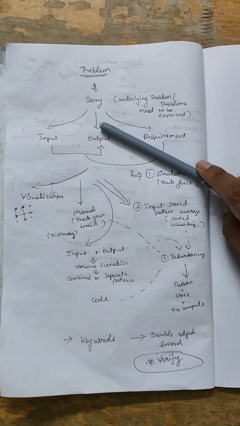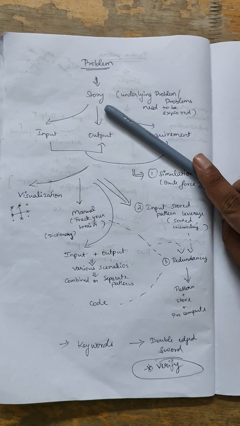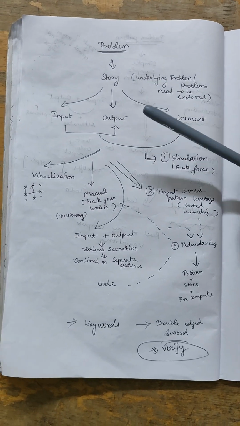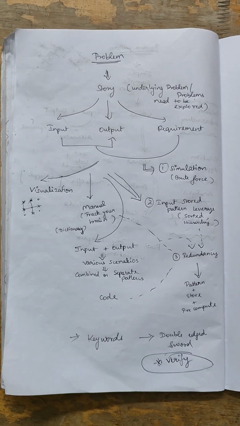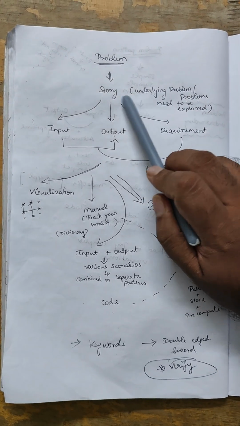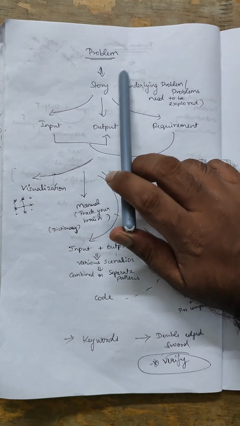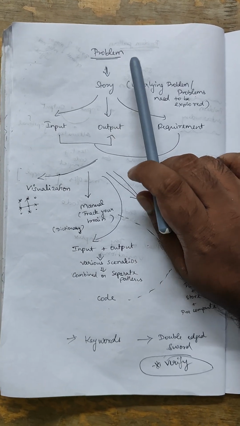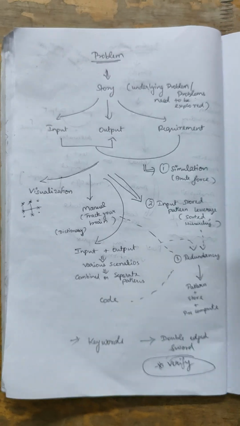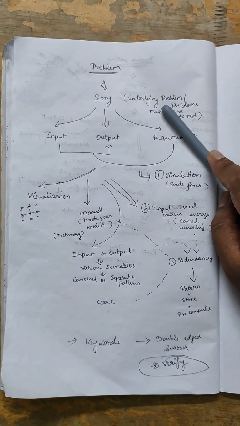Every problem will come with a story, wrapped up with something similar to real life, though of course not like how math problems are. From that story you have to unwrap it and find the underlying problem.